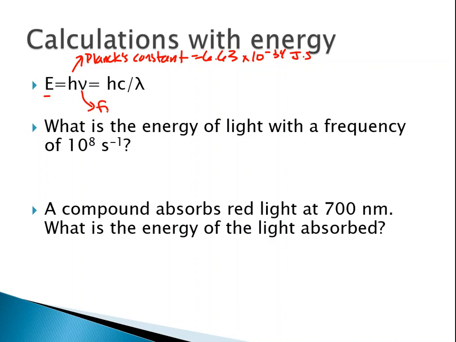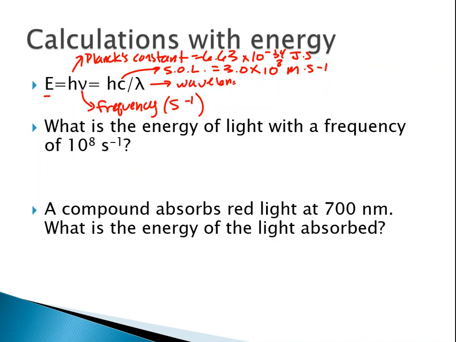Nu is the frequency of radiation, and frequency is measured in inverse seconds. H is still Planck's constant. You should know from physics that c is the speed of light, which is equal to 3.0 times 10 to the 8th meters per second. And lambda is the wavelength of radiation, which is measured in nanometers, or 1/1000th of a meter.